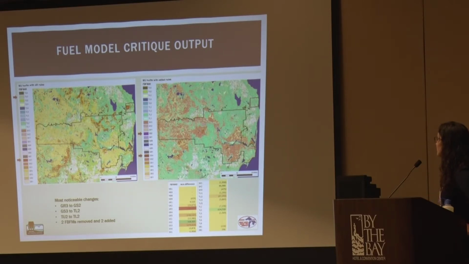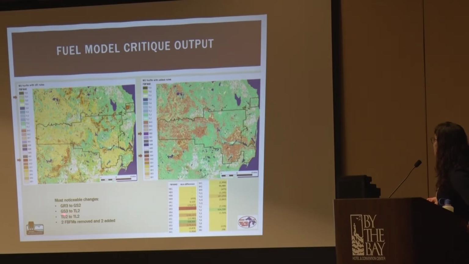There's a few really noticeable differences, and that's what I focused on since I was looking at this backwards. You'll see that a lot of this yellowish sandy color turned pink here, and that's a change from grass model 3 to grass shrub 2. And I'll go into why that was in a minute.